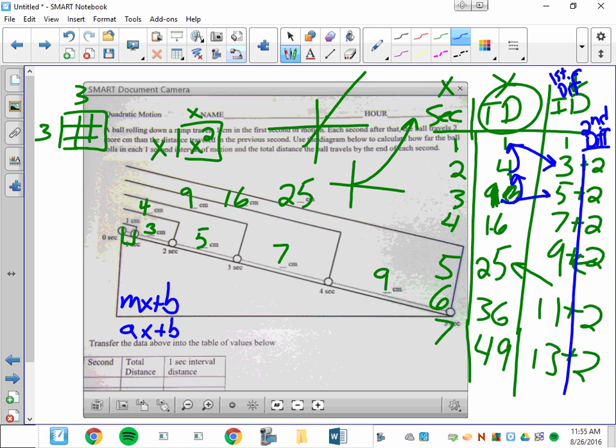If the second differences are constant, then we get ax squared plus bx plus c. Now, this is the most simple of all x squared equations. It's just x squared. We call x squared equations quadratic.